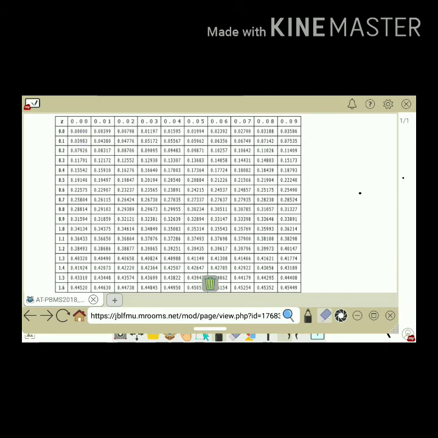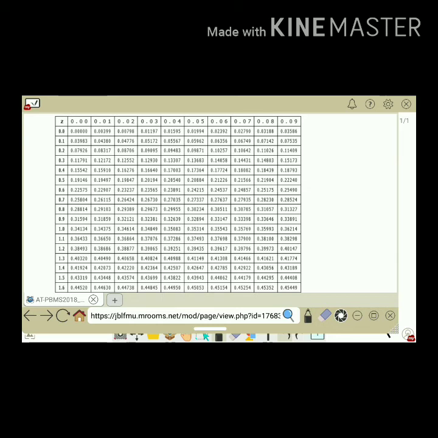Okay, another example is find the area. The reference for this one is your mean, okay? So find the area if, for example, z is equal to negative 2.55. Okay, so first locate your negative 2.55.